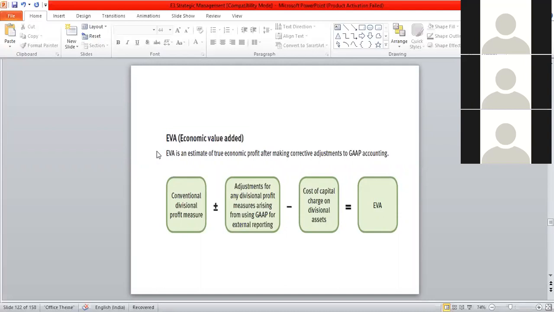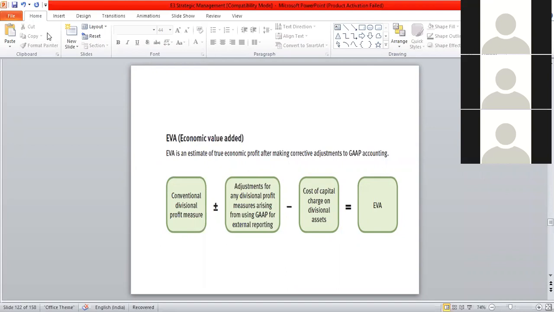But what is the concept behind that? Normally, when we look at profit, that is considered as the measure, and it is rated as a well-to-do organization.